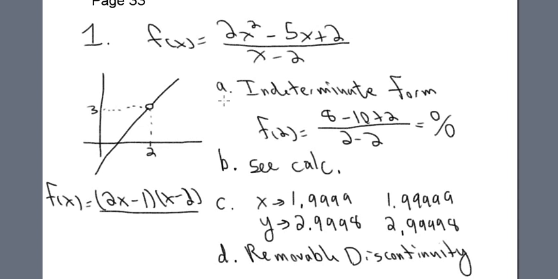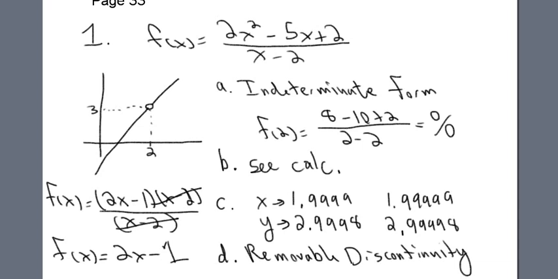Negative 1 times negative 2 is 2. 2 times negative 2 is negative 4, plus negative 1 is negative 5. So that works, and then the bottom is still x minus 2. It is removable because we can get rid of that, and now our function is just f of x equals 2x minus 1. We have removed the discontinuity. Written like this, it has no discontinuity. Written like this, it has a discontinuity.